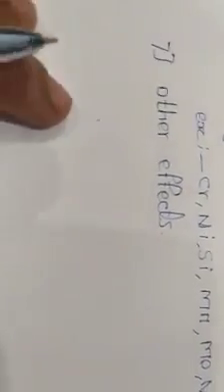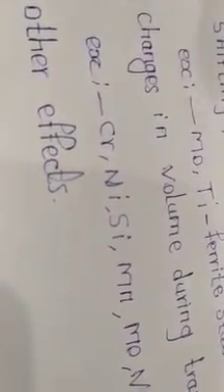Now, the other effects: if alloying elements are added to the steel, a number of properties are changed and improved, like corrosion resistance, creep and strength of the steels.